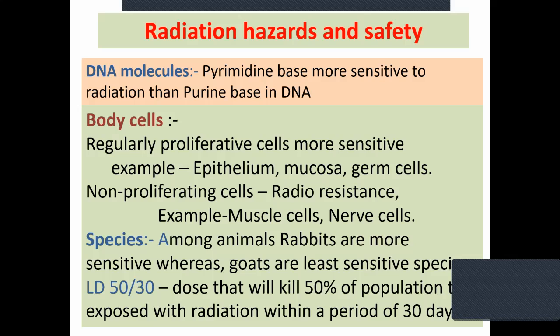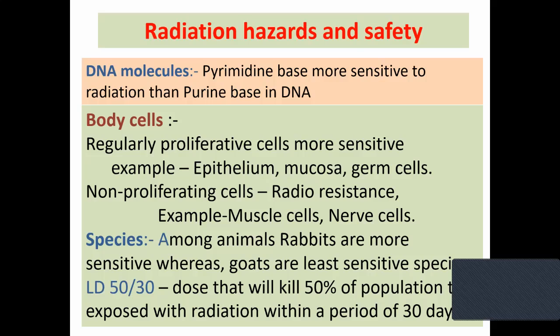So the next part is the hazards of radiation and what safety we take to protect ourselves from radiation damage. If we think at the molecular level, then pyrimidine base is more sensitive to radiation damage as compared to the purine base. Next, if we compare our body parts, the cells that are proliferating regularly are more sensitive to radiation damage as compared to the non-proliferating cells.